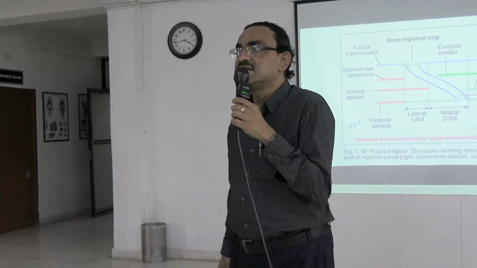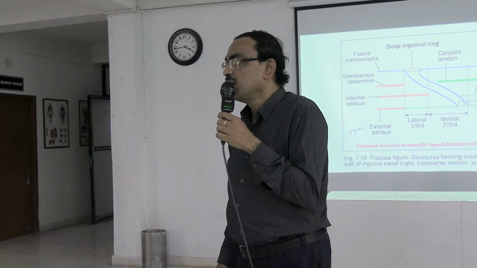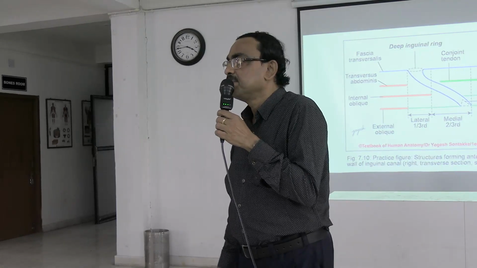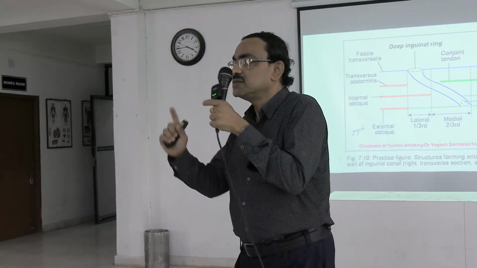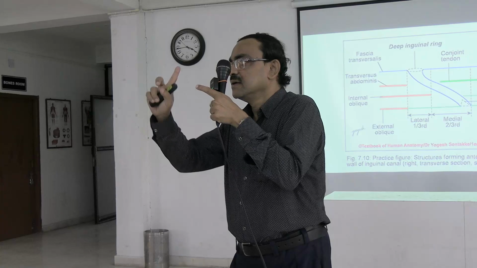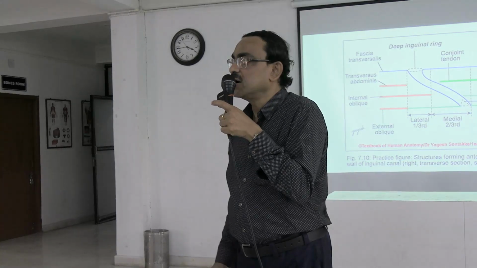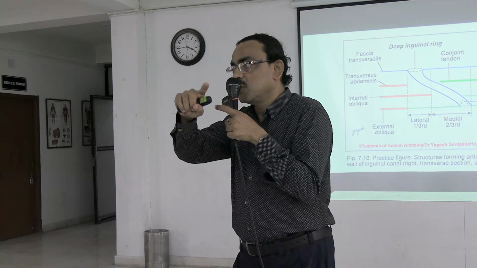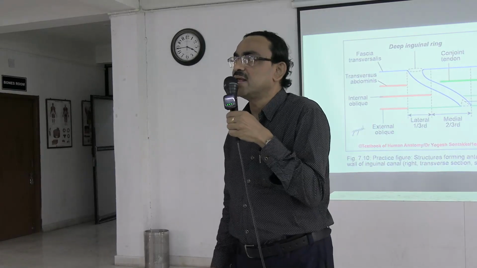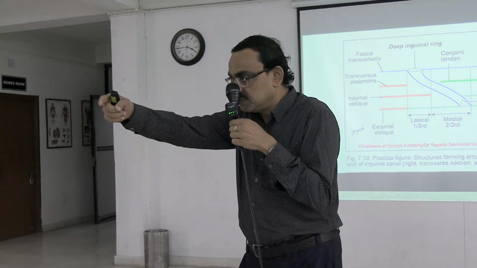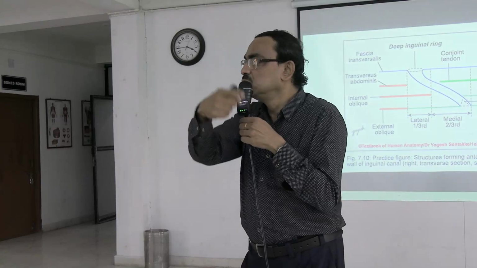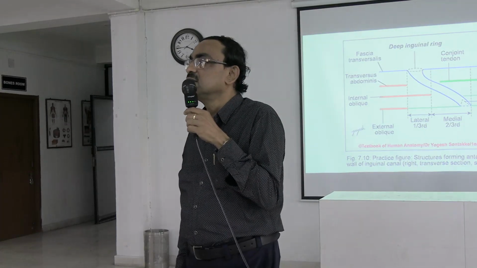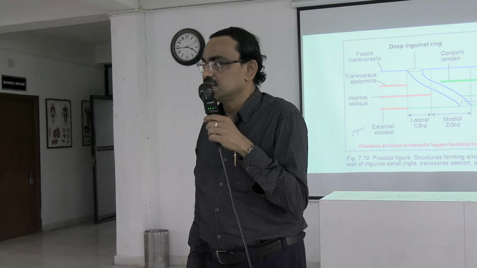In female, the journey gets restricted due to the development of the uterus, which intercepts the gubernaculum, and the part from the ovary to the uterus becomes the ovarian ligament, and from the uterus to the labia majora, that remains as the round ligament of the uterus.